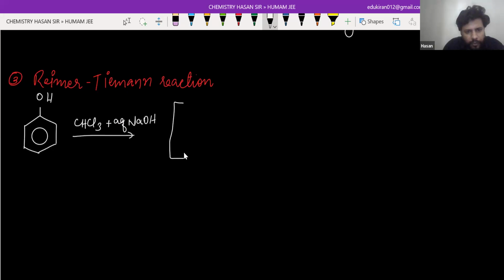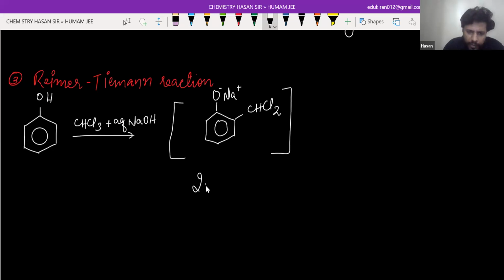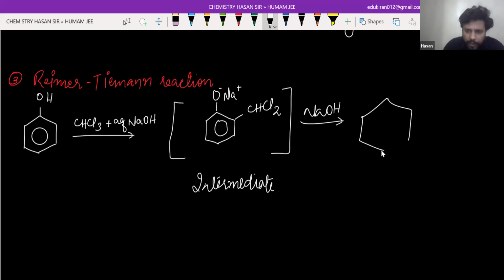So there will be a formation of an intermediate. The CCl2 will be introduced to ortho, and this will be converted into O negative Na plus, phenoxide ion. This is your intermediate. And again, this will be passed through base NaOH, since it is present in the solution, basic medium it is.